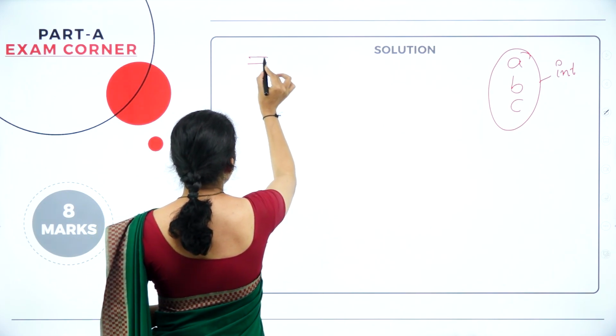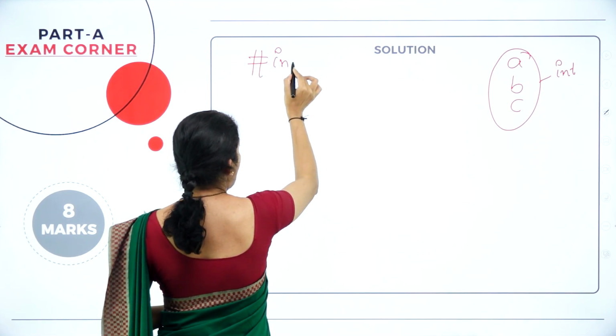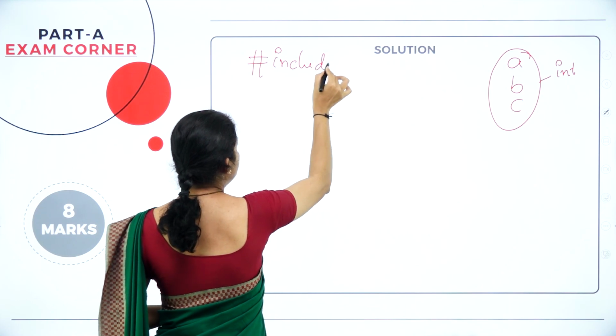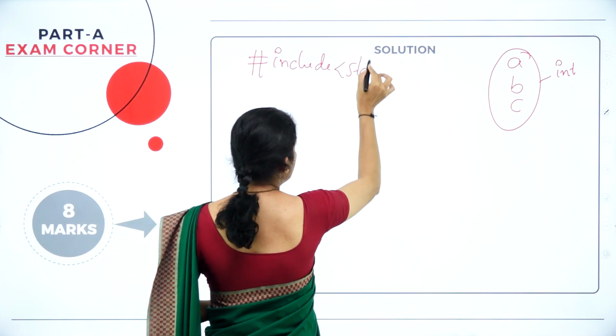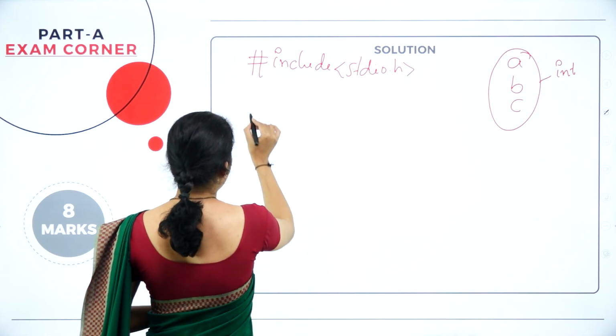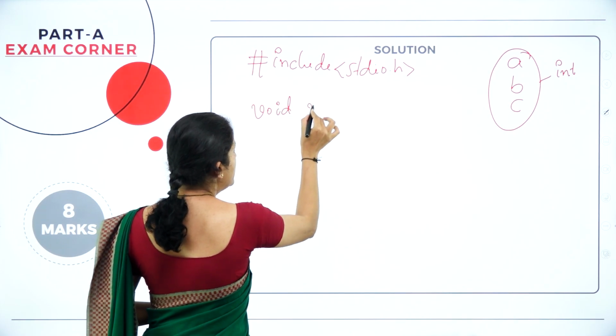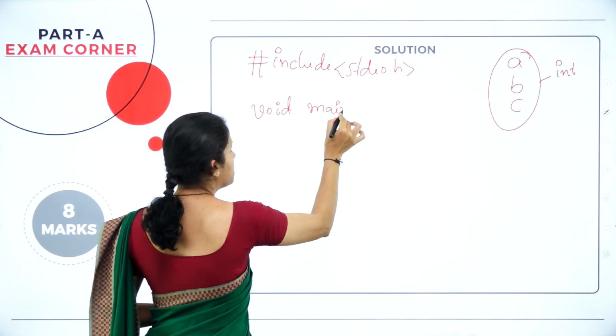First, I want to start with the header file. So, #include <stdio.h>. Then my next line is void main.